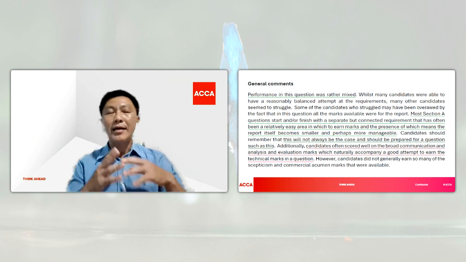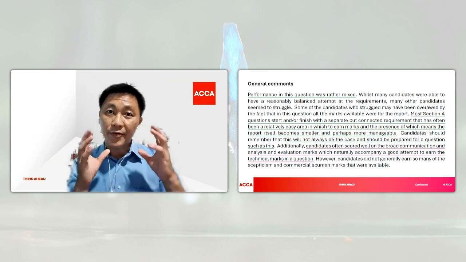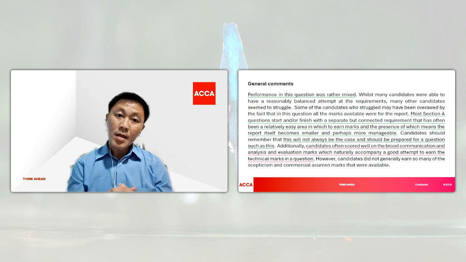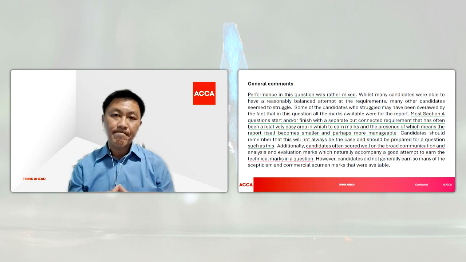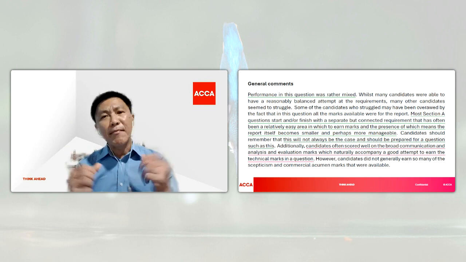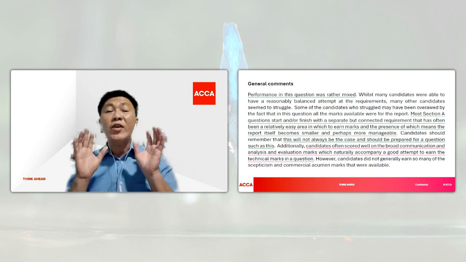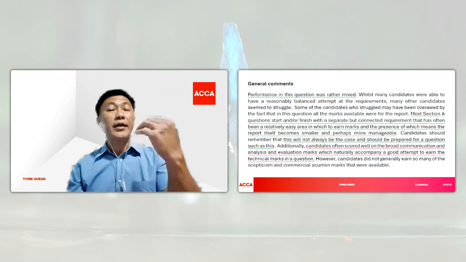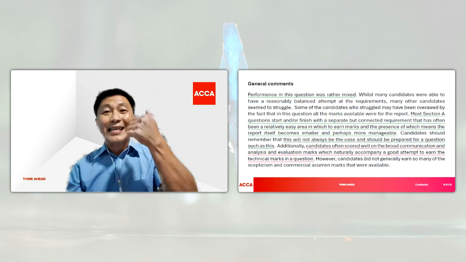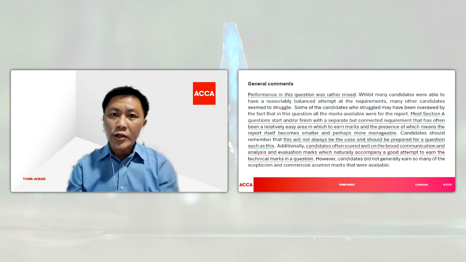And in terms of the performance for getting the professional skills marks, take a look at the words with red lines. The examining team and the marking team notice that the performances of the students are generally quite satisfactory, particularly looking at the marks they earn in demonstrating communication skills and analysis and evaluation skills.